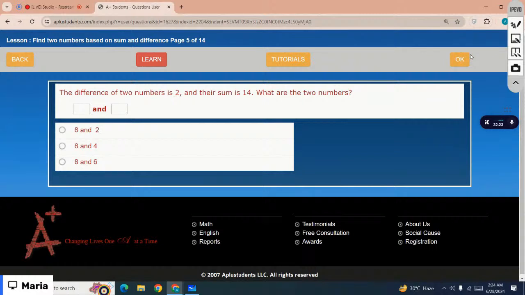The difference of two numbers is 2 and their sum is 14. What are the two numbers?